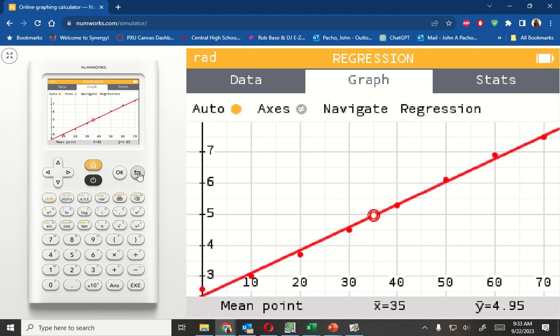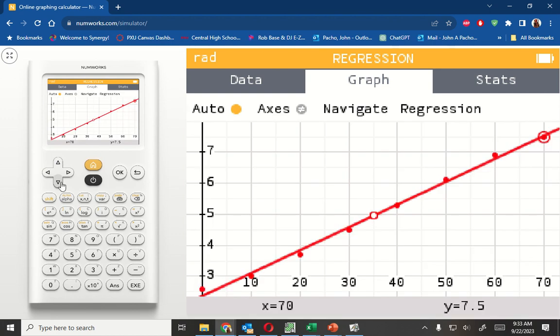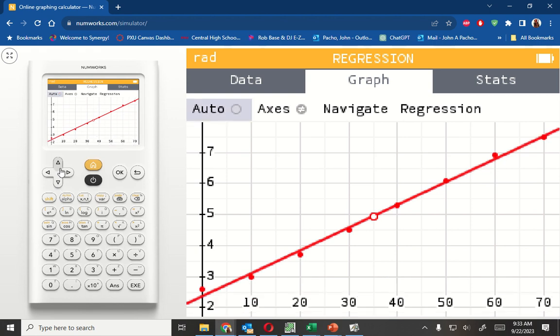So let's trace it over and see what 76 is. Why is it not working for me? I'm trying to bring it up.